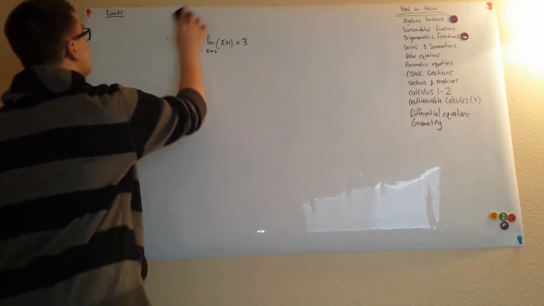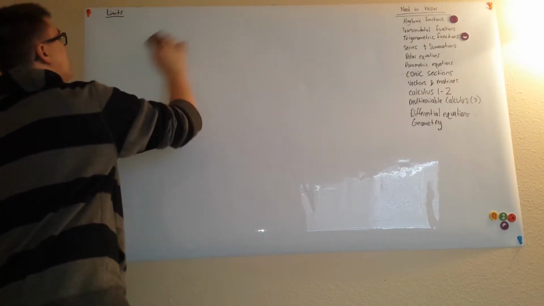Let's go over some limit properties first before we get a little bit more nasty with this. So, we have some limit properties that we need to get out of our way. And these are very neat.